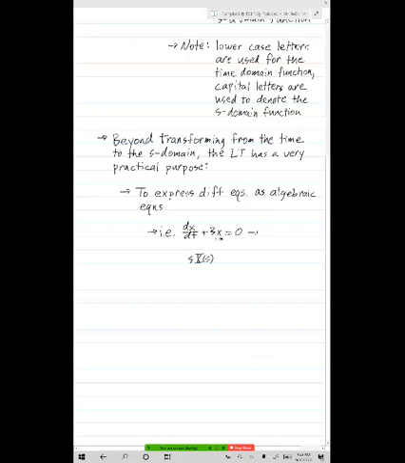Of course, if we're transforming this differential equation, this X just gets transformed straight on across. And so for the derivative, we multiply by S, we have our X of S, and then we have plus 3 times capital X of S, because that just transforms straight on across, and that's equal to 0.